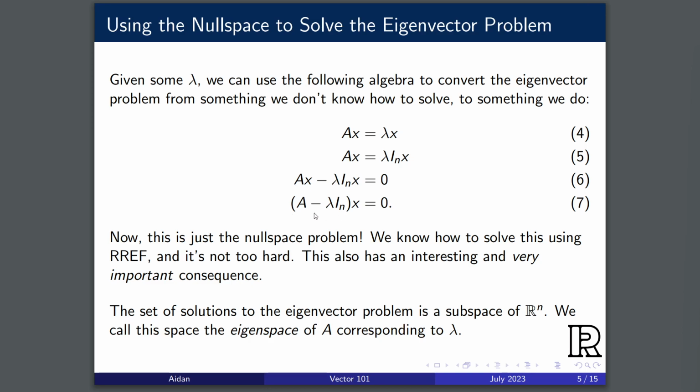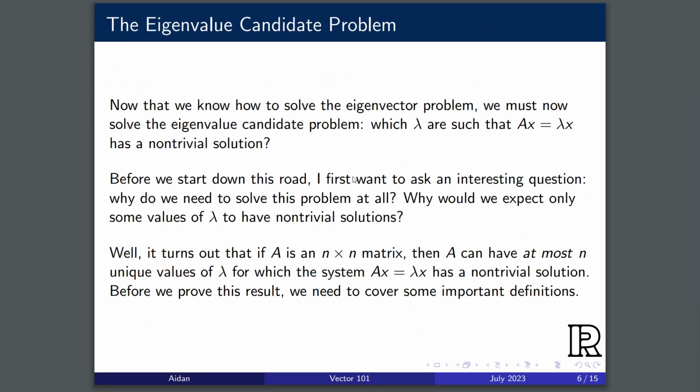Because we can only subtract matrices. We cannot subtract lambda from A, because they're not both matrices. Does that answer the question? Okay.